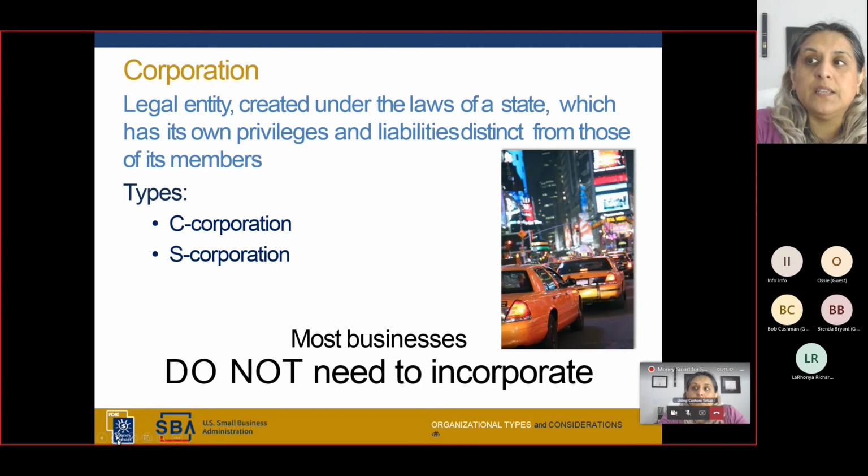Like the LLC, care should be taken not to pierce the corporate veil.